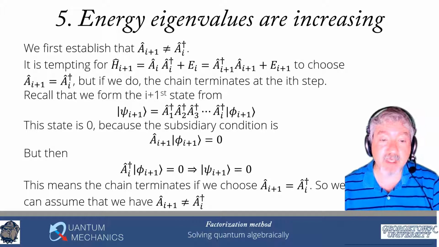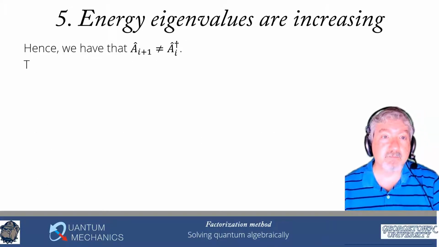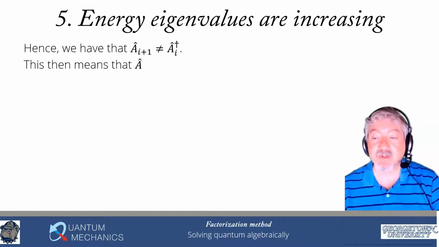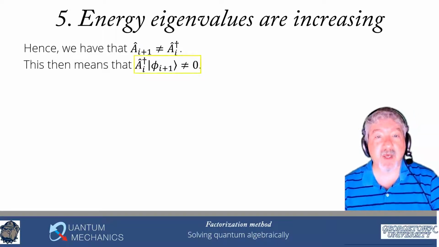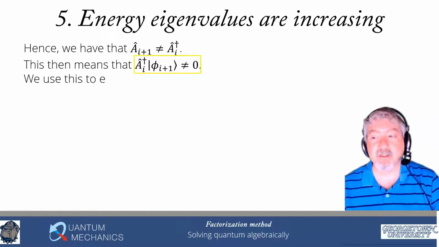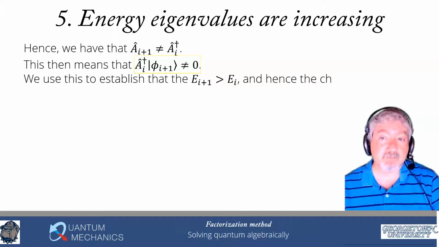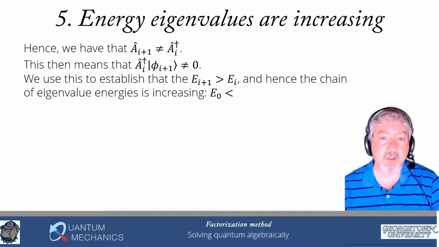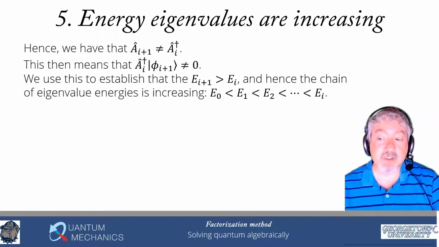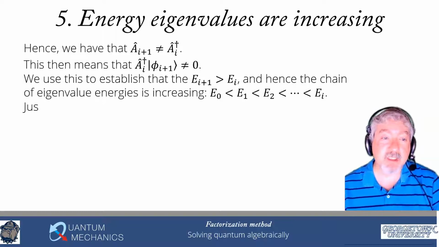We must always have AI dagger acting on phi I plus 1 is not 0. All right, so that is all we need to verify that the energy eigenvalues are increasing. And let me show you how that works. So I'm just illustrating for you here exactly what that chain is.